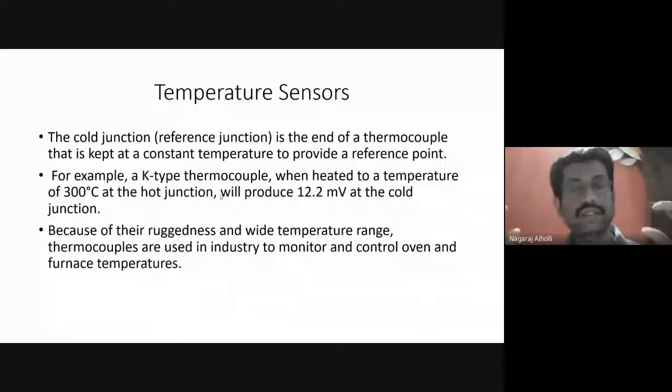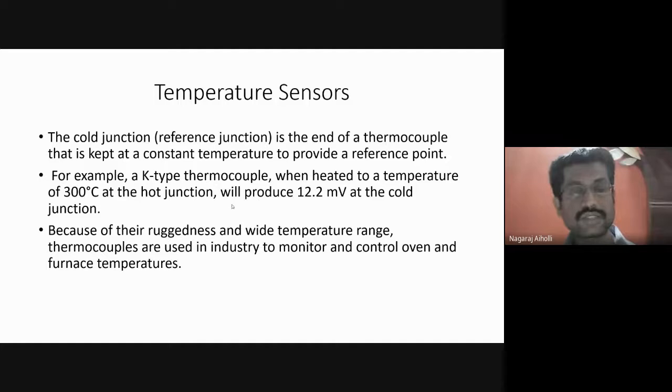If the temperature is more, say 500 degrees Celsius, then the voltage at the cold junction will be still more, say 20 or 25 millivolts. As the temperature increases, the output voltage will proportionately increase.